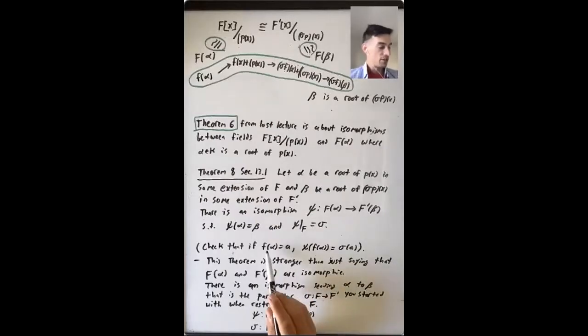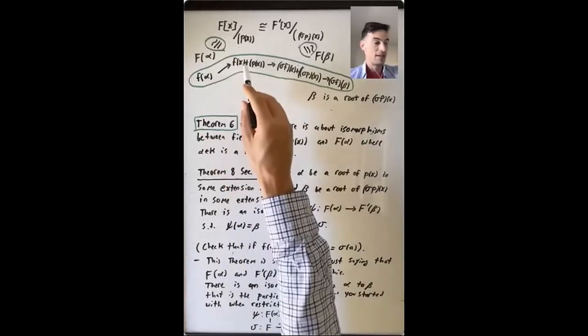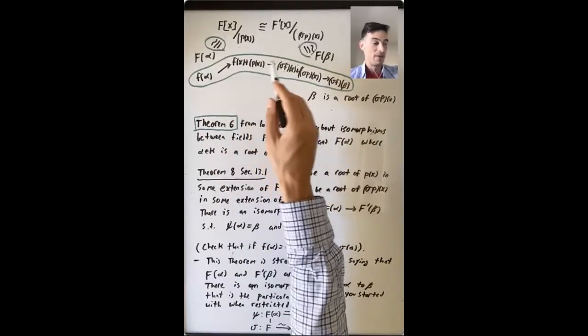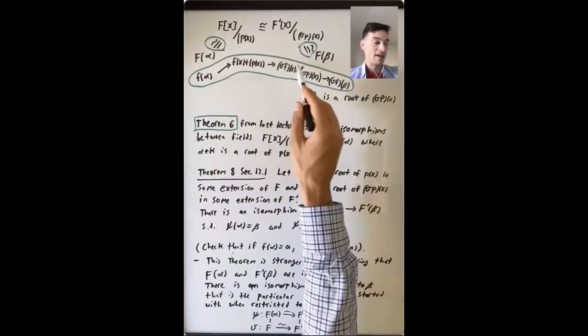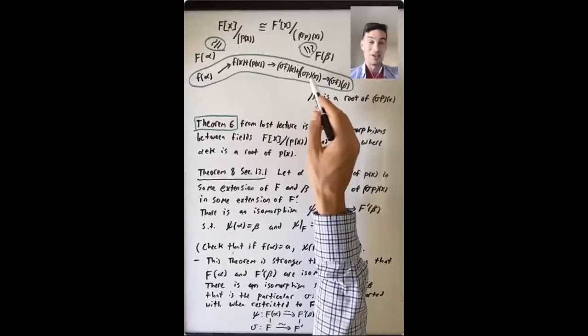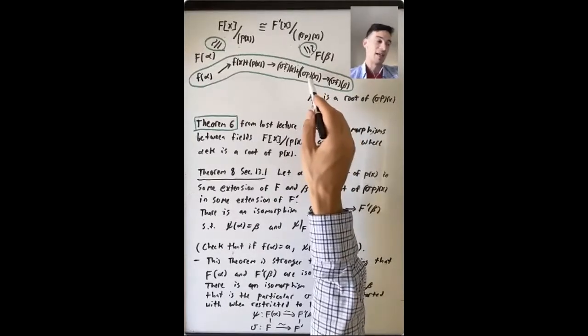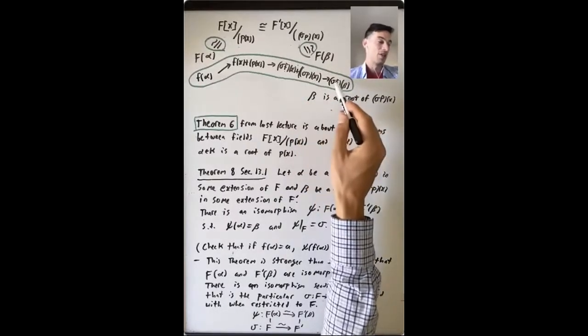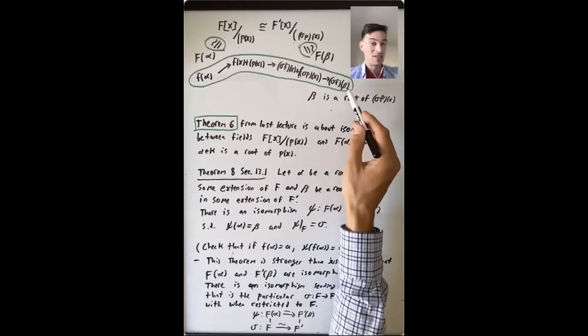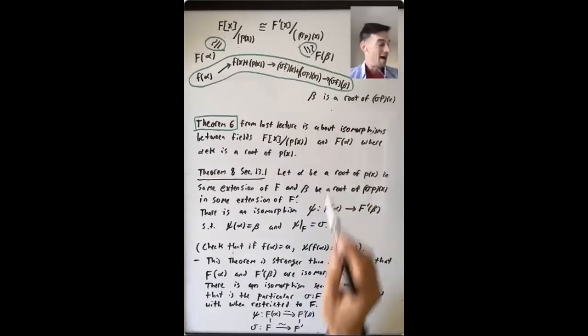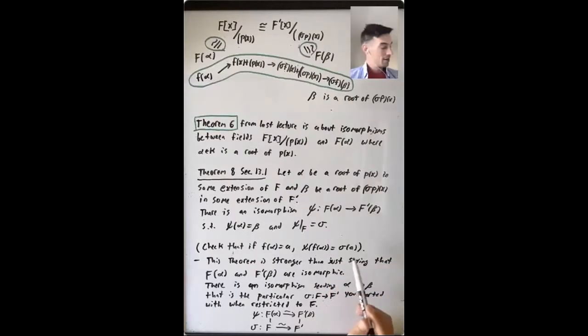So you just have to check that if the polynomial f(α) is actually just some element a in F, where does it get sent? Well, it gets sent to a plus the ideal generated by p(x), which gets sent to σ(a) plus the ideal generated by σ(p(x)), which just gets sent to the corresponding polynomial in β, but it's just this single constant σ(a). So that's easy to check, and that finishes the proof of this theorem.